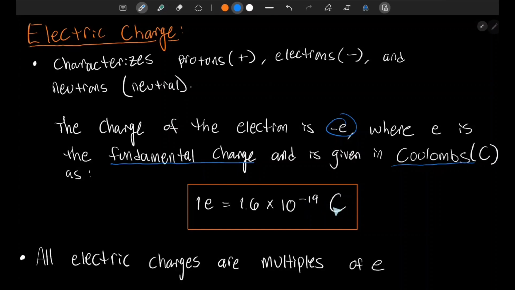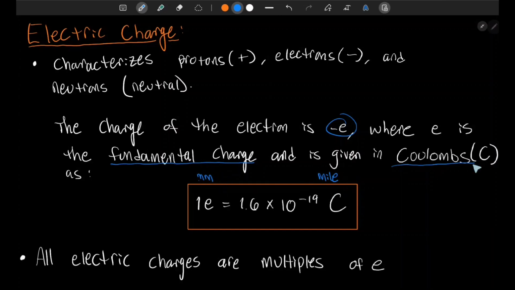So we see that coulombs are much larger than a fundamental charge. And from mechanics, one way of thinking about this is that the fundamental charge is like, let's say, a millimeter, whereas a coulomb is like a mile. A millimeter and a mile both measure distances, but of course, a millimeter is much, much smaller than a mile is.